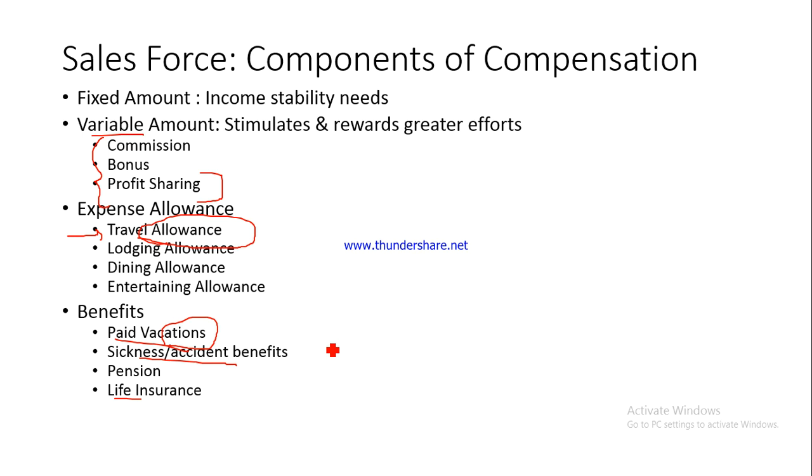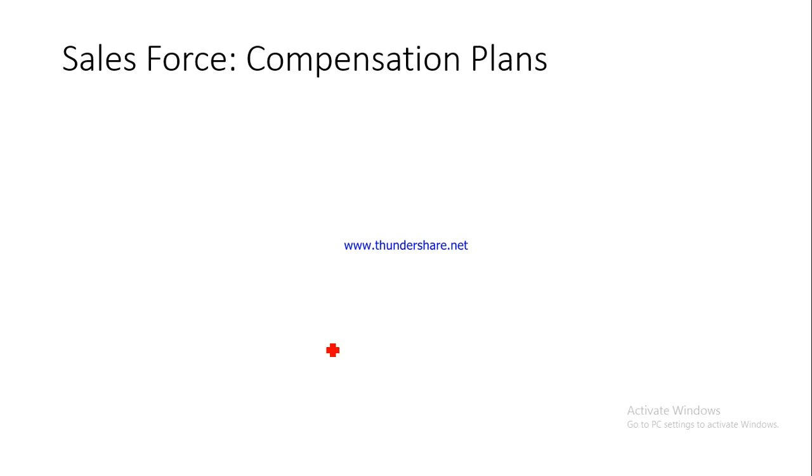So in essence, the company is not on its own providing any sickness or accident benefits, but has entered into an agreement with a third party. In this case, it is the health insurance firm, and they are paying the premium on behalf of the salesperson. So the salesperson does not have to pay this premium. The premium will be paid by the company, and in that sense, it is part of the compensation of the sales force only. Now let's talk about the different types of compensation plans which can be there for the sales force.